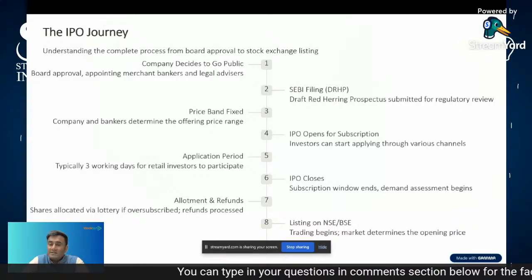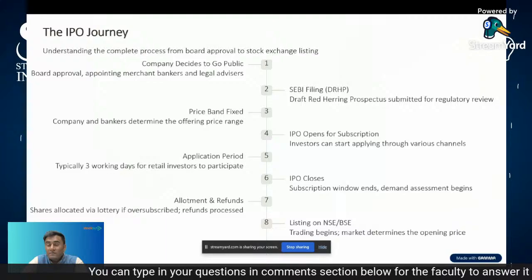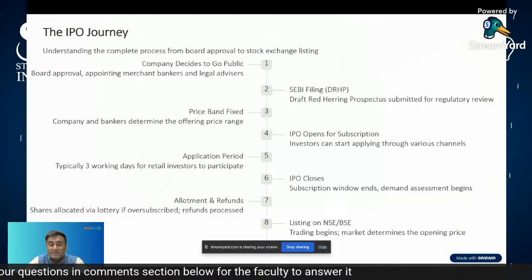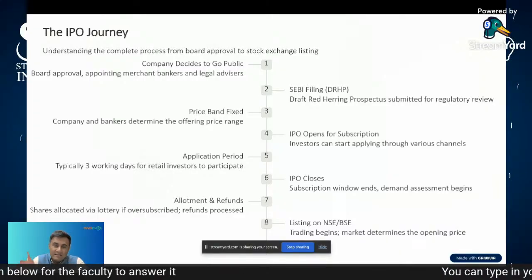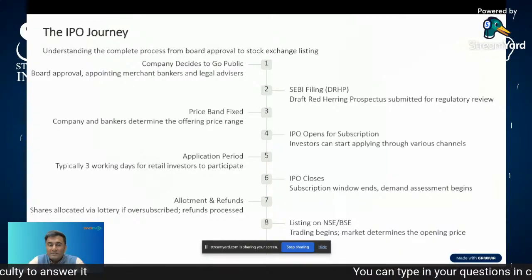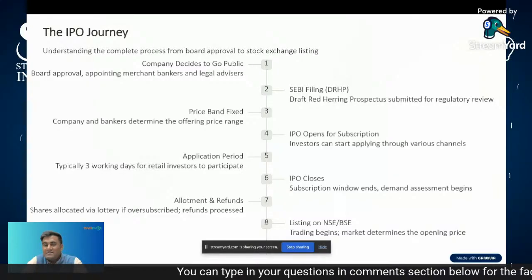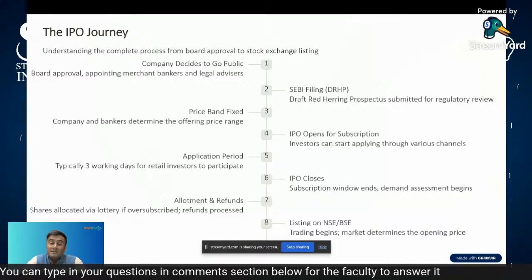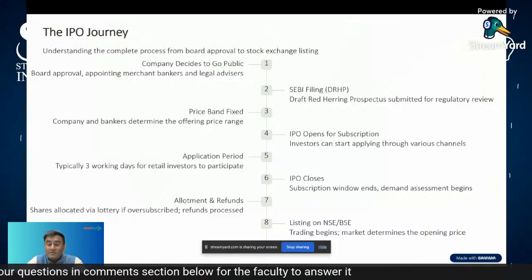It is submitted for regulatory review. They get their approval, then a price band is fixed. Companies and bankers carry out the book building process, and based on that they'll determine the offer price range. The next step is the IPO. It will open up for subscriptions.